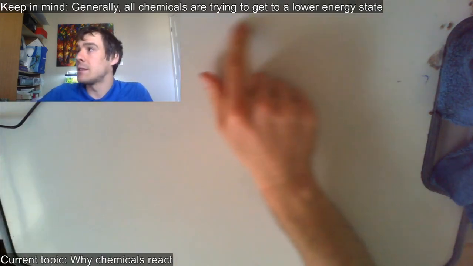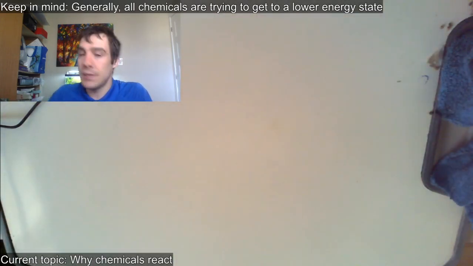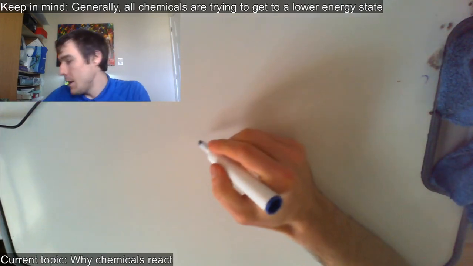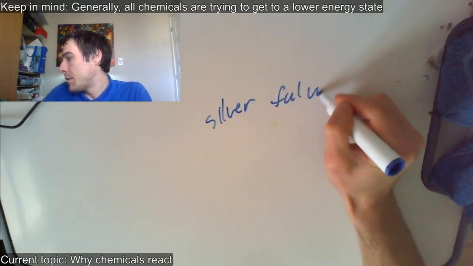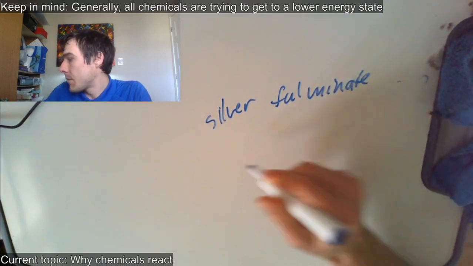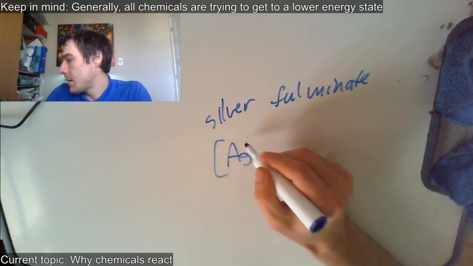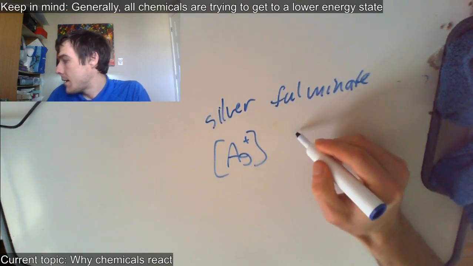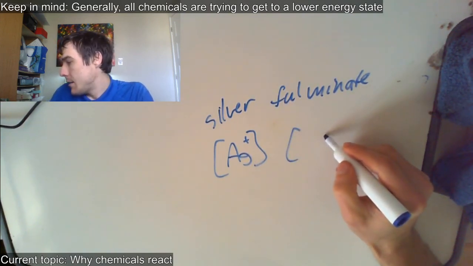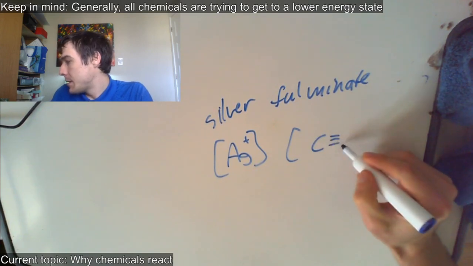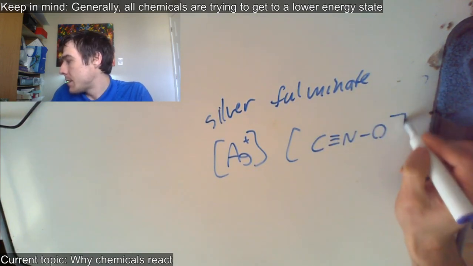Generally, everything's trying to get to a lower energy state, because what these are is something called silver fulminate, which looks like this. Fulminate has this really weird structure. It's a carbon triple bonded to a nitrogen, single bonded to an oxygen.